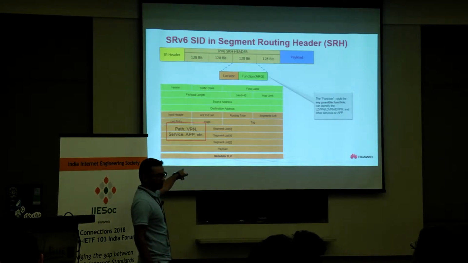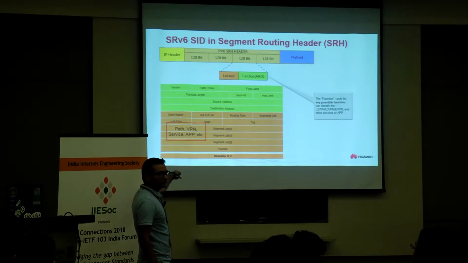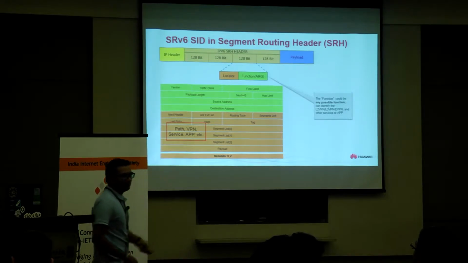This is nothing but my program I was talking about, and segment left. This is the part which will tell which segment to use to perform a function, because each segment has one function involved, right? So the segment left index will tell which function to perform when the packet is received.